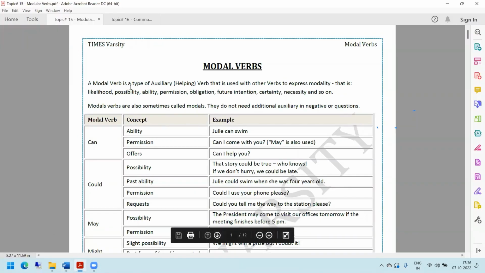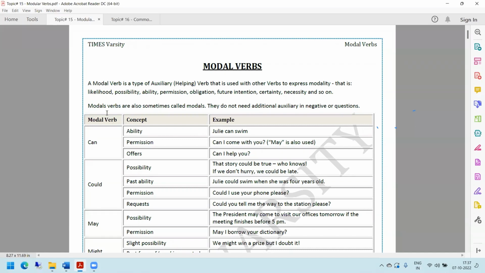So a modal verb is a type of auxiliary, or in other words, the synonym is helping verb, that is used with other verbs to express modality. What is modality? Likelihood, possibility, ability, permission, obligation, future intention, certainty, necessity, and so on.